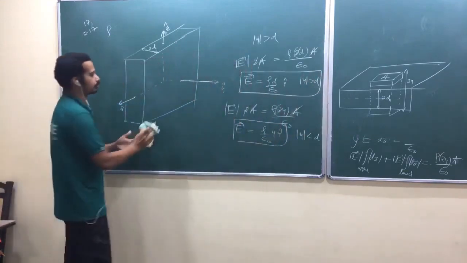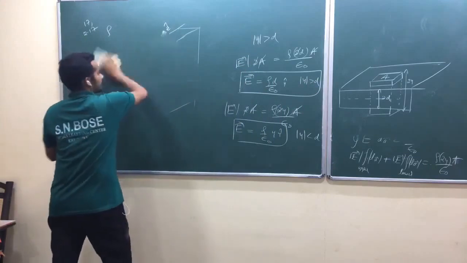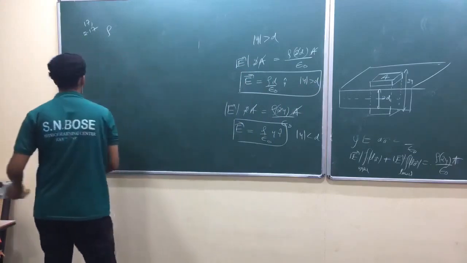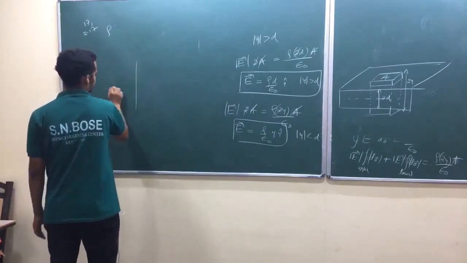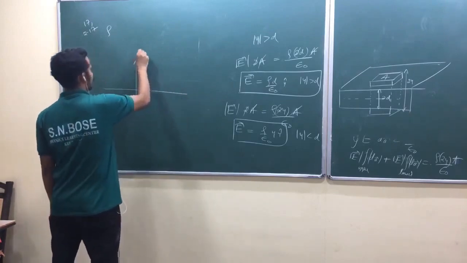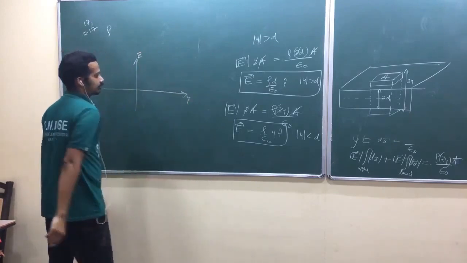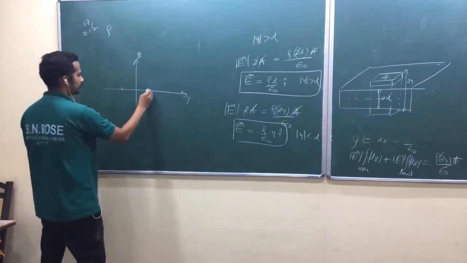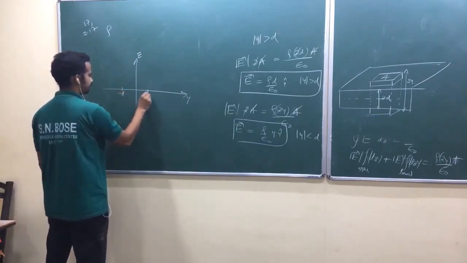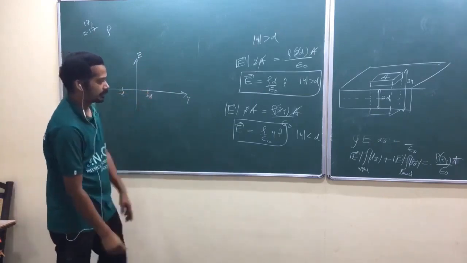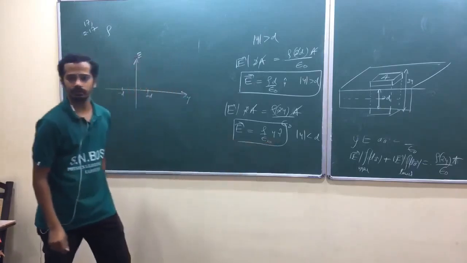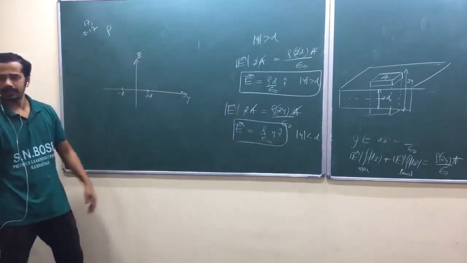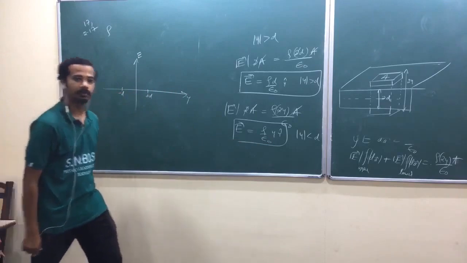Now he told you to plot this one. Plot the magnitude of electric field as a function of y, from minus d to plus d. Minus d to plus d, look at here, it is proportional to y. And at exactly y equal to 0, it is 0. Why?